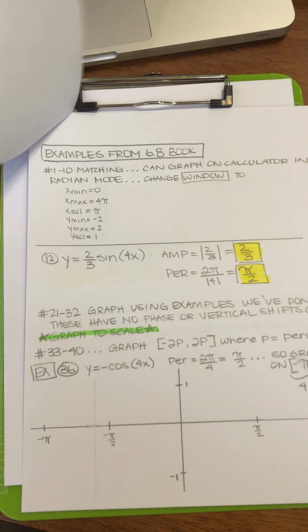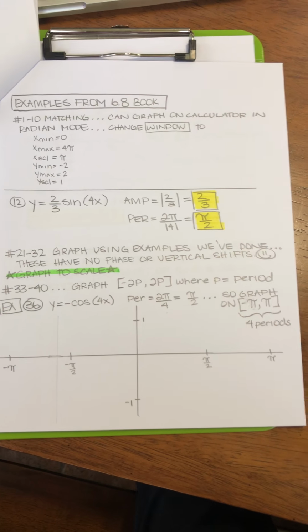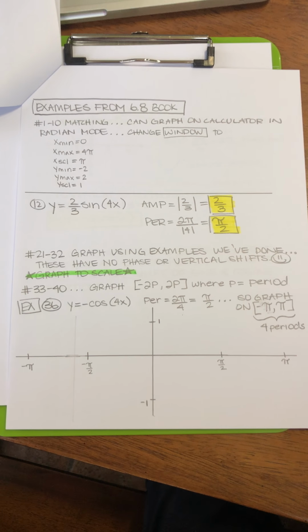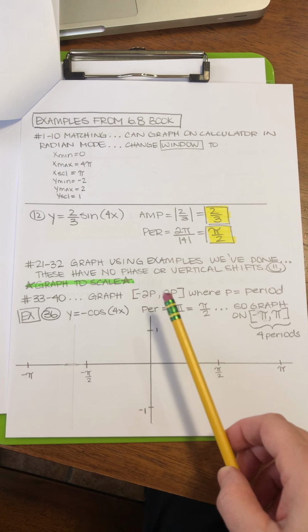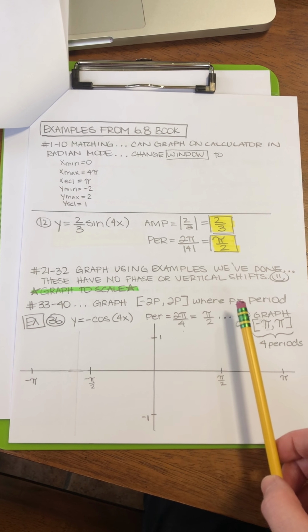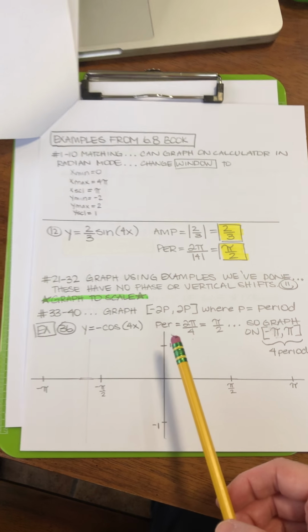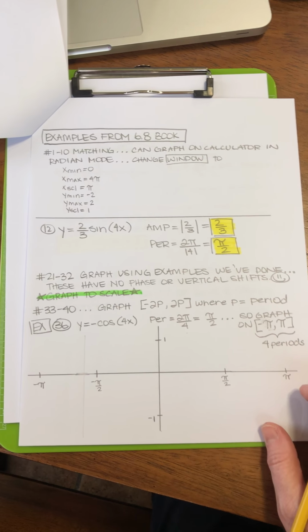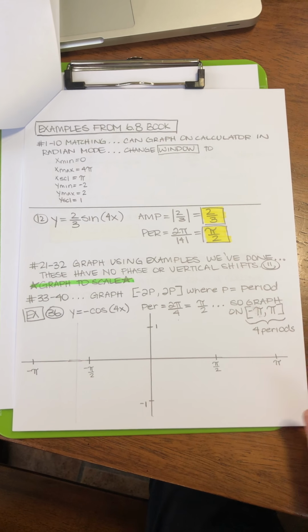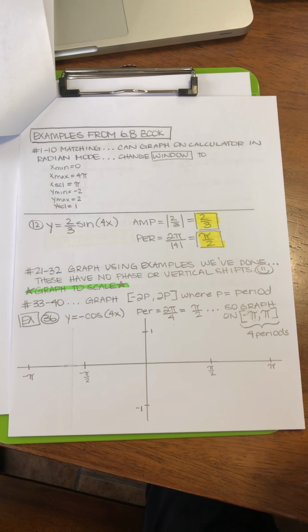Okay, the next one here, the directions say to graph from negative 2p to 2p, where p is the period. So essentially they want us to graph 4 periods of this curve. What you're going to do is graph 1 period and then continue it.